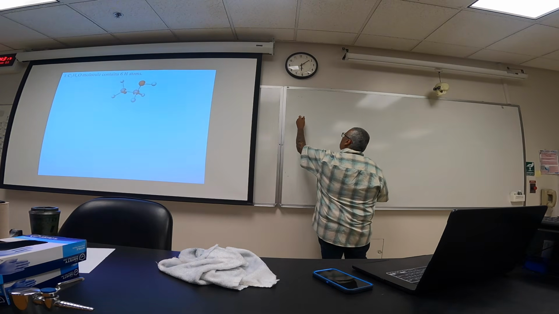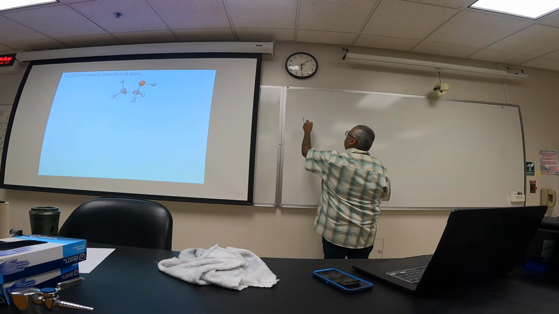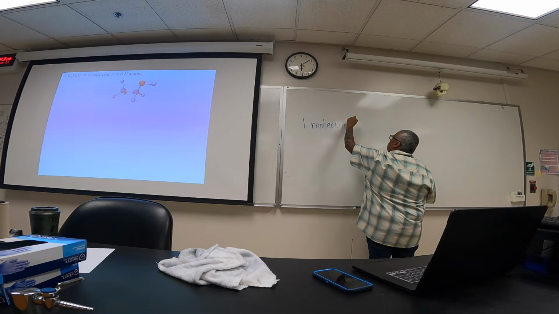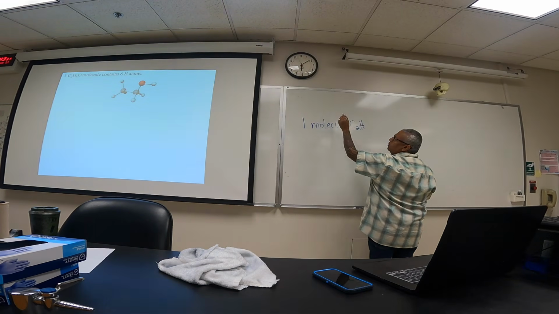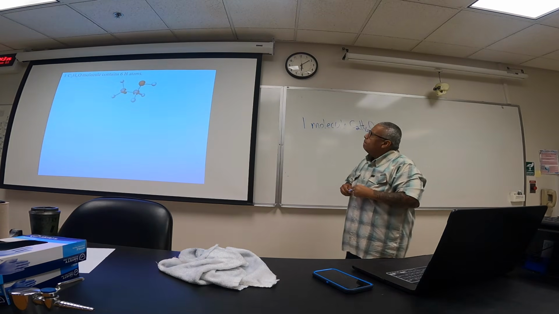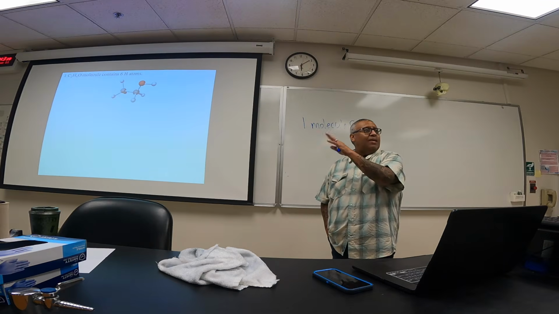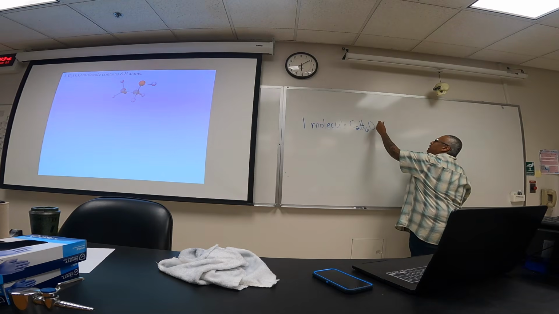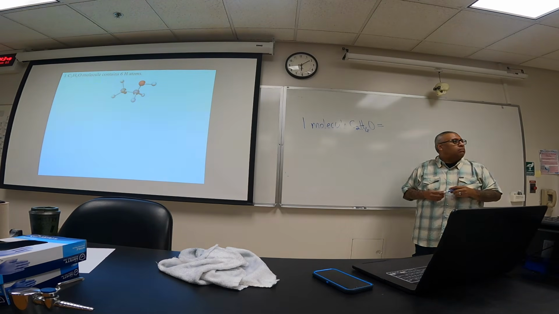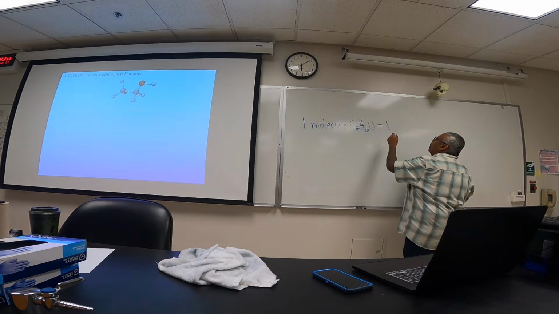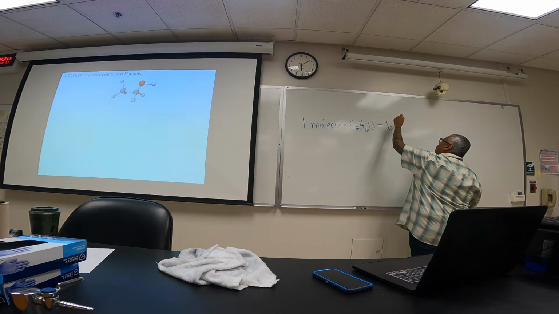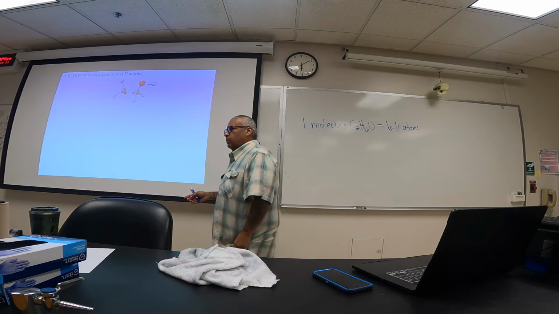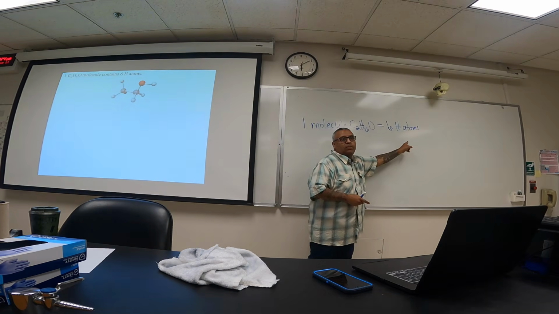So in one molecule of ethanol, we can turn that sentence, one ethanol molecule contains 6 hydrogen atoms, into, instead of writing the word contains, I could just say equals 6 hydrogen atoms.